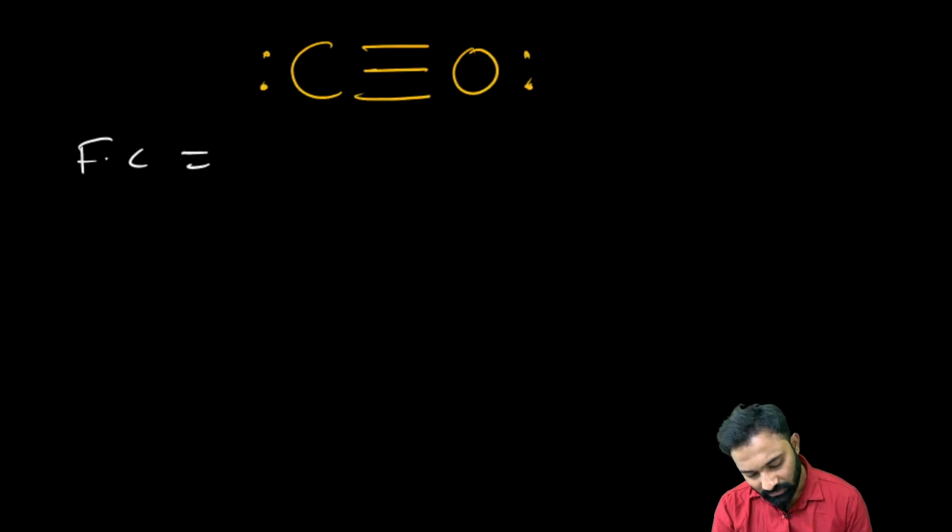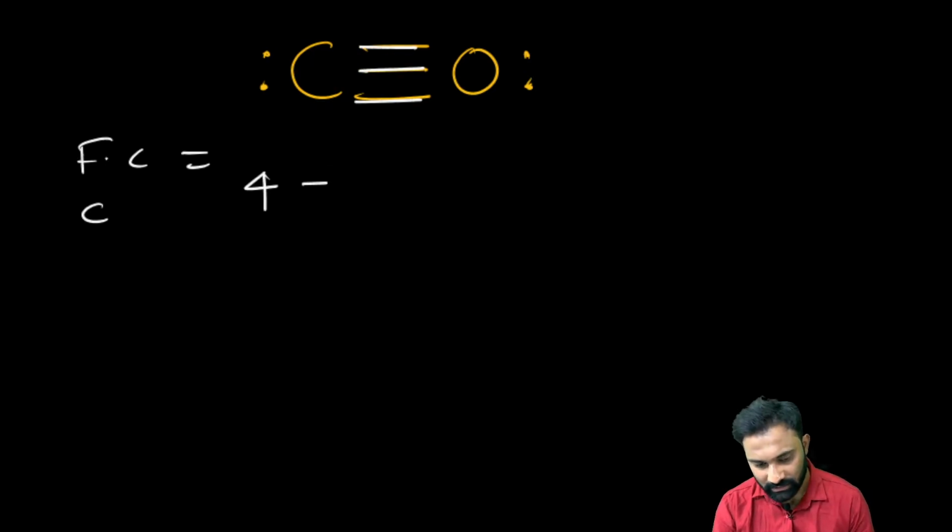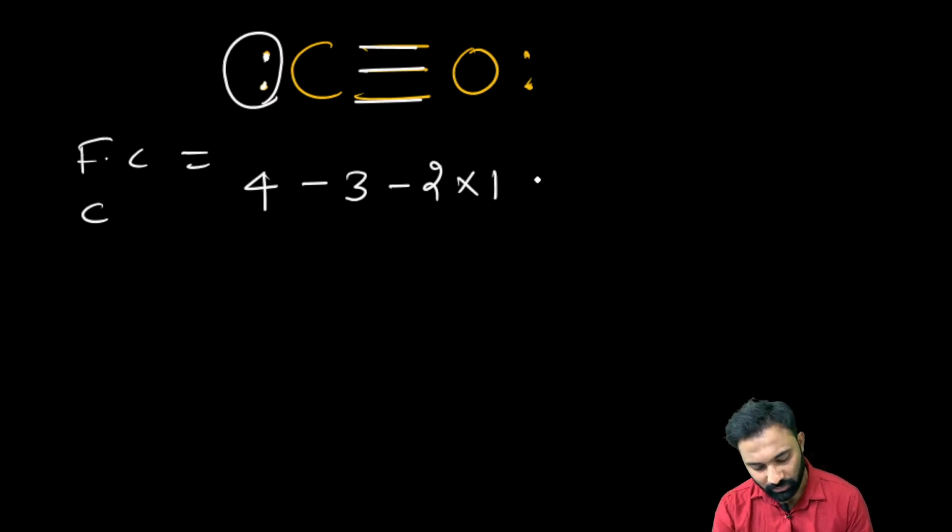Number of valence electrons. The number of valence electrons of carbon is 4. And the number of bond pairs: how many bond pairs has this carbon formed here? 3. And how many lone pairs of electrons do we have on the carbon? 1. That is 2 into 1. Now the formal charge we got is how much? Minus 1. Minus 1. Clear? Done?